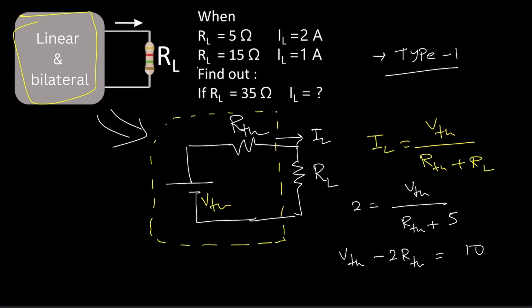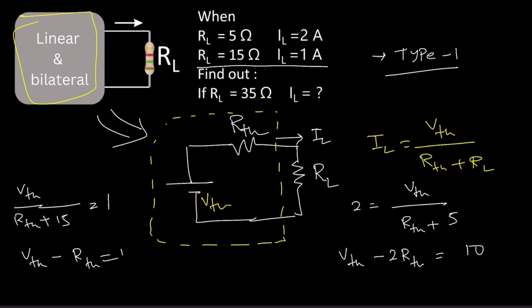Now let's use the other condition and write the equation. We can write VTH by RTH plus 15 ohm equals 1. That means VTH minus RTH equals 15. So this will be equation 1 and this will be equation 2.